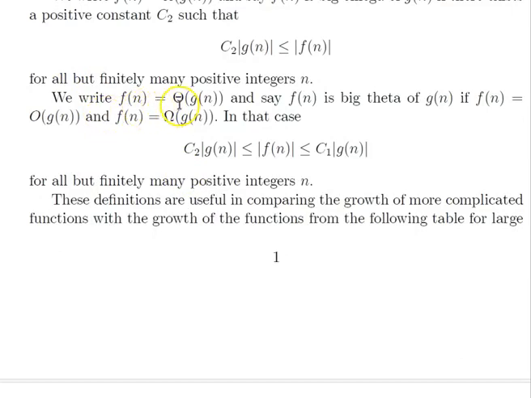We write f of n is equal to big theta of g of n if f of n is equal to big O of g of n and if f of n is equal to big omega of g of n. That is, if we have this inequality for all sufficiently large values of n.